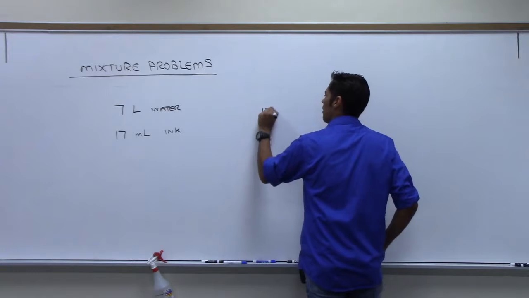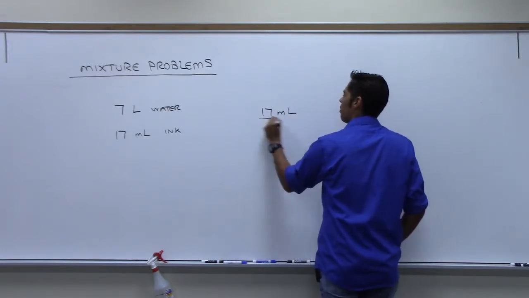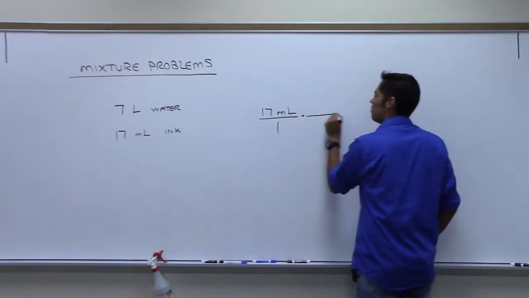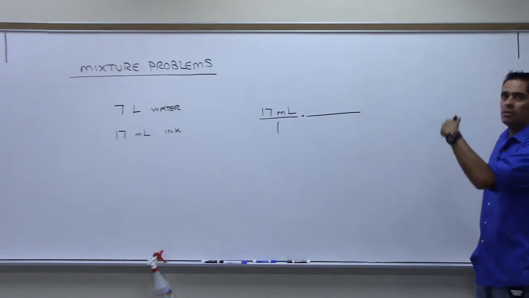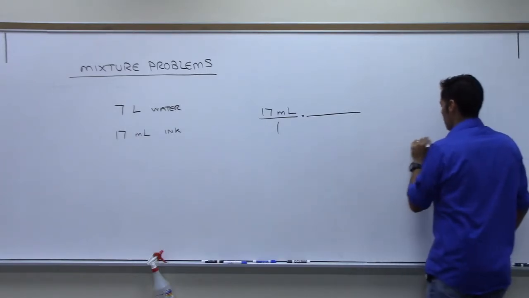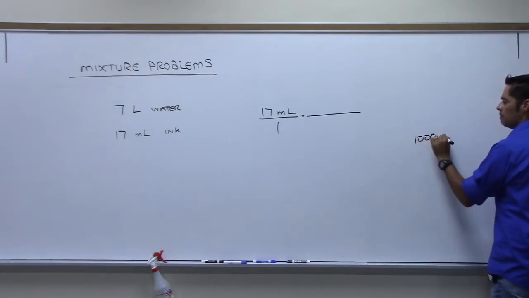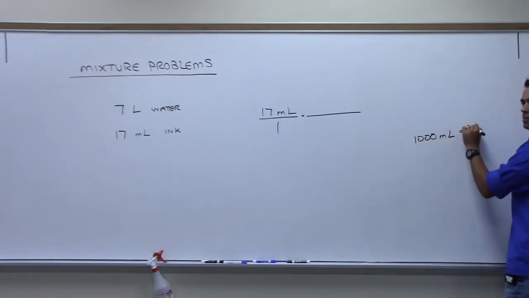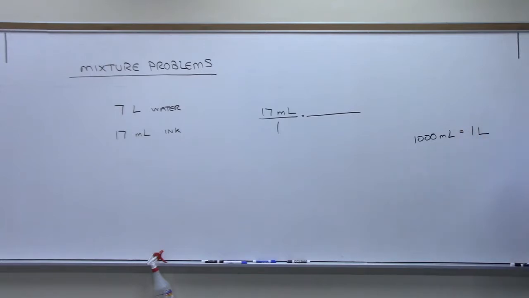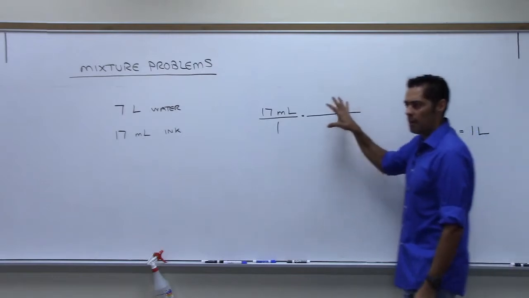So first, 17 milliliters, we did this on the test, over 1. What's the conversion to go from milliliters to liters? Give me any relationship between them. 1,000 milliliters equals 1 liter, right? That's our relationship. So I'm going to use this equation. I'm going to write my fraction out here.